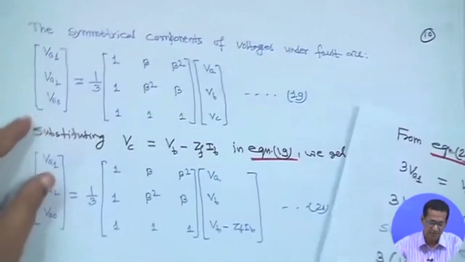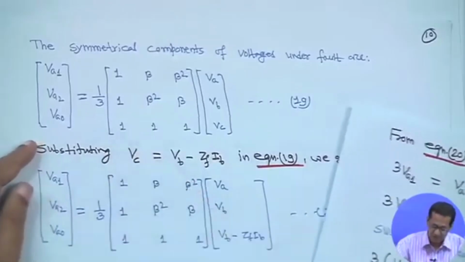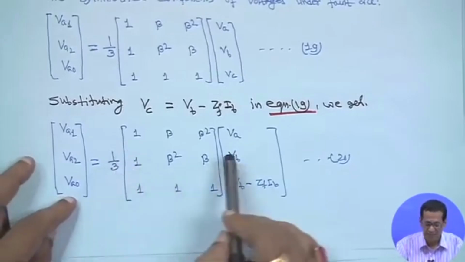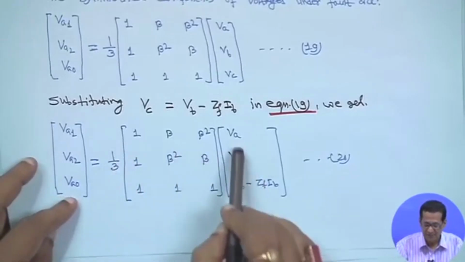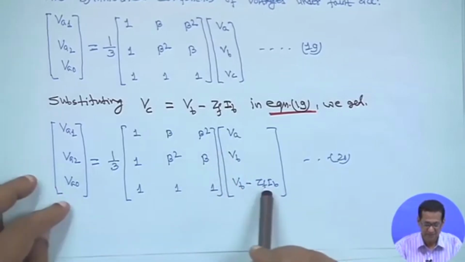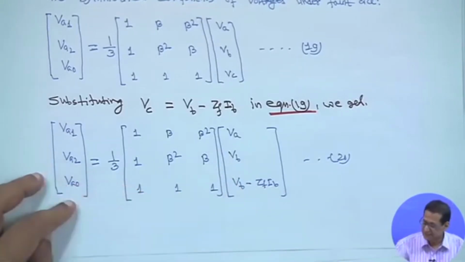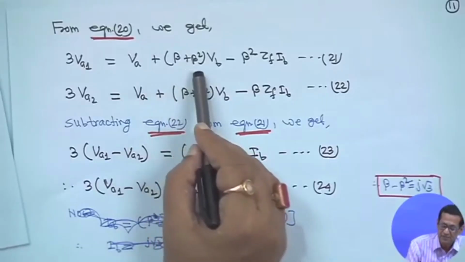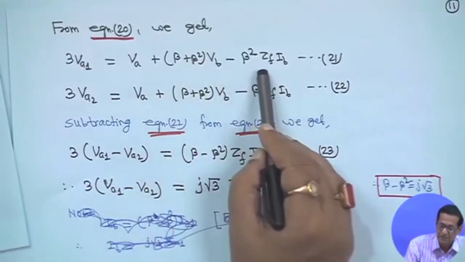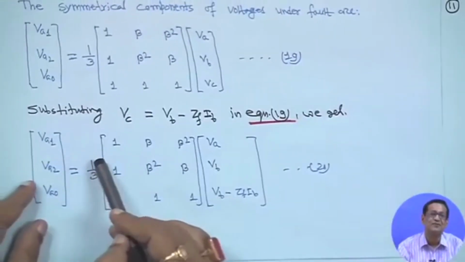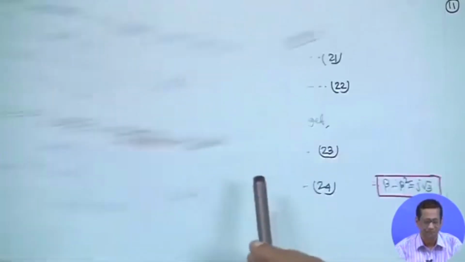That means, from this equation you can write VA1 actually 1/3 into VA plus beta VB plus beta square into VB minus ZF IB. If you simplify and cross multiply by 3 both sides, then actually you will get 3 VA1 is equal to VA plus beta square VB minus beta square ZF into IB. This is actually from this one, just you write one line, I am not writing, understandable, very simple thing.